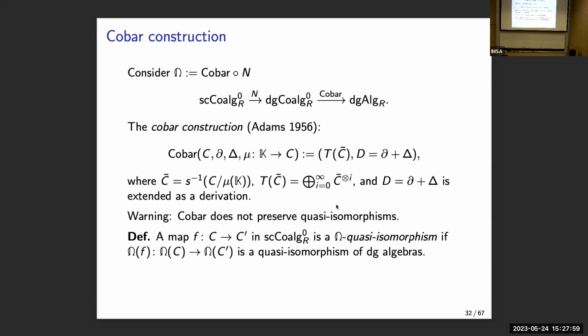Namely, I define a map of simplicial co-commutative coalgebras to be a co-bar quasi-isomorphism if it induces a quasi-isomorphism of differential graded algebras upon applying the co-bar functor. See? This is the notion of weak equivalence that I will be using to construct the homotopy theory on coalgebras.